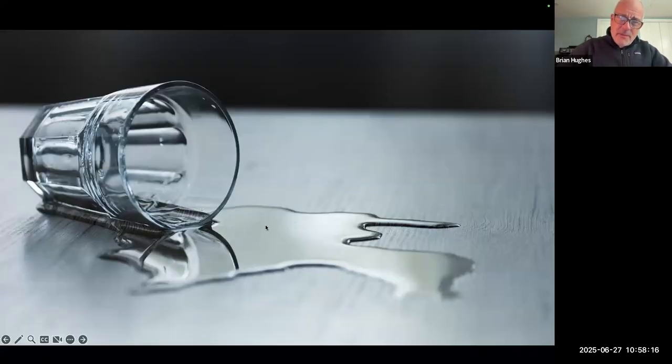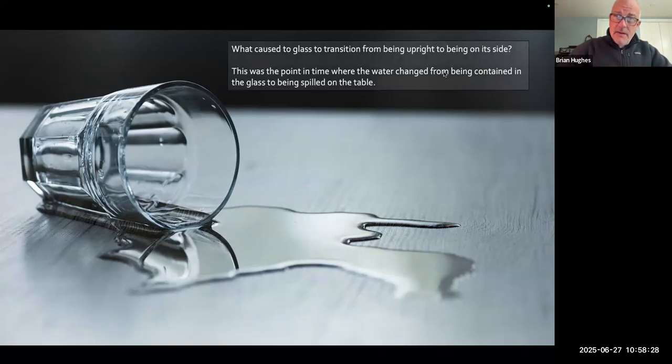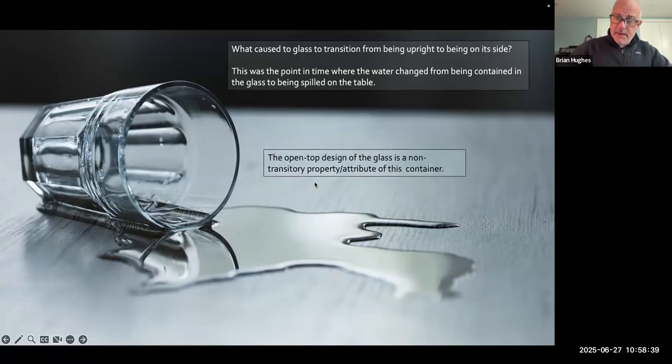So when we spill the water, when we tip the glass over, we see that if you upset a container and it's got water in it, then water spills. Okay. Actually, when you really start to break this stuff down, you look at the tipping of the water. Okay.